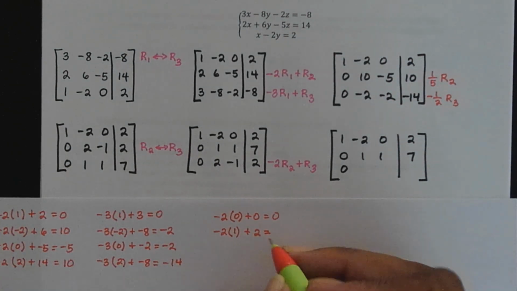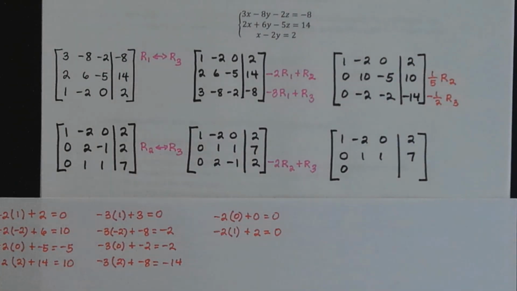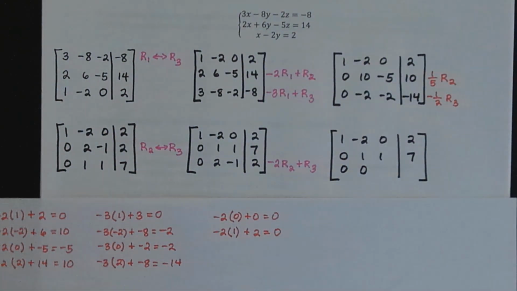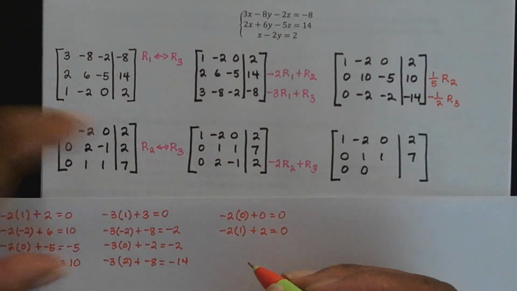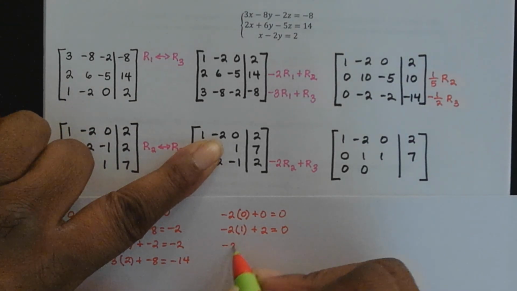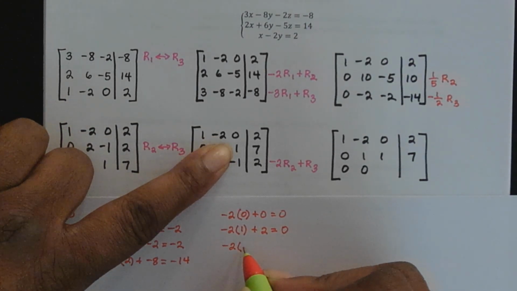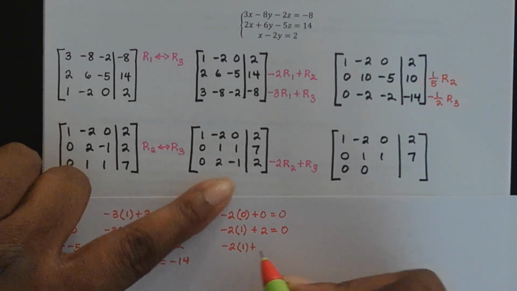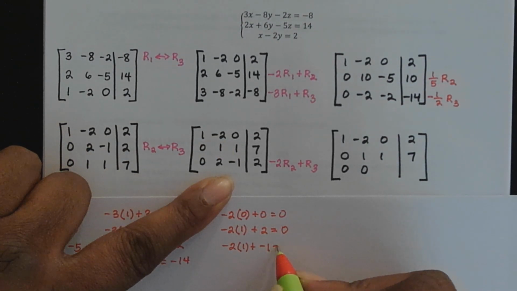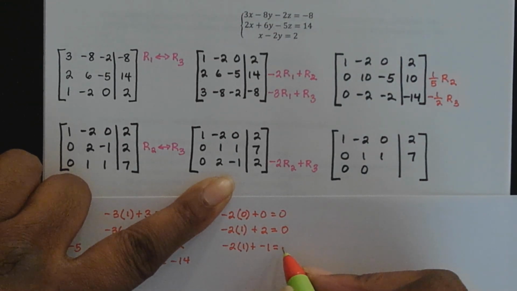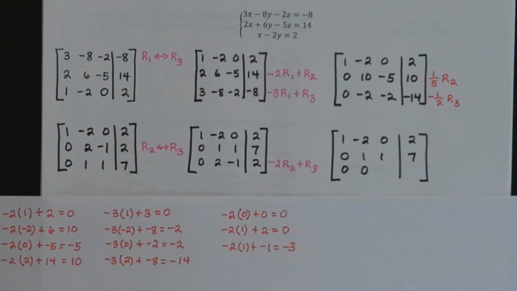Negative 2 times 1, that's negative 2 plus 2, which is 0. So that's going to go here. And then well, I'm almost done. Negative 2 times this element in row 2, which is 1, plus its corresponding element, negative 1. Negative 2 times 1, that's negative 2. Negative 2 plus negative 1 will be negative 3.